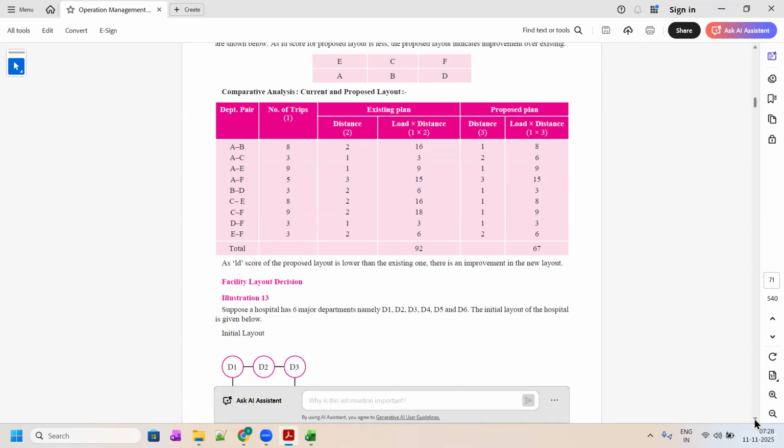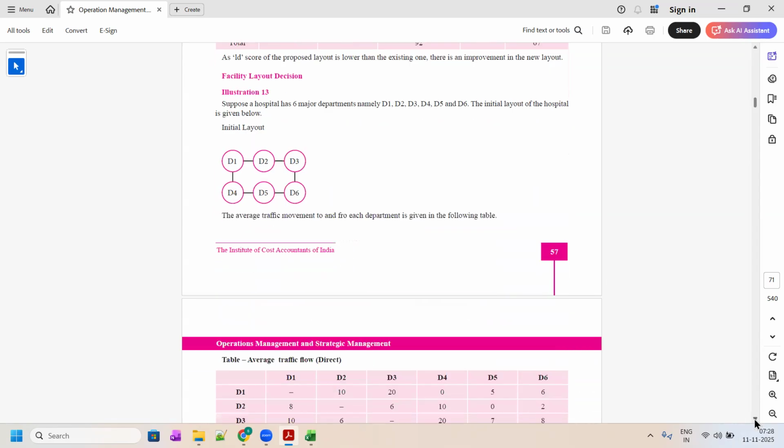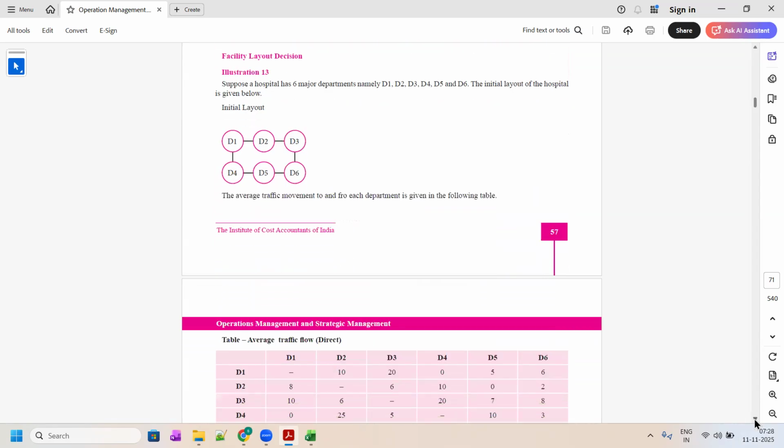Then we have this illustration 13. Here they have given a hospital which has six departments: D1, D2, D3, D4, D5, D6. The initial layout of the hospital is given to us, and again the same kind of question.